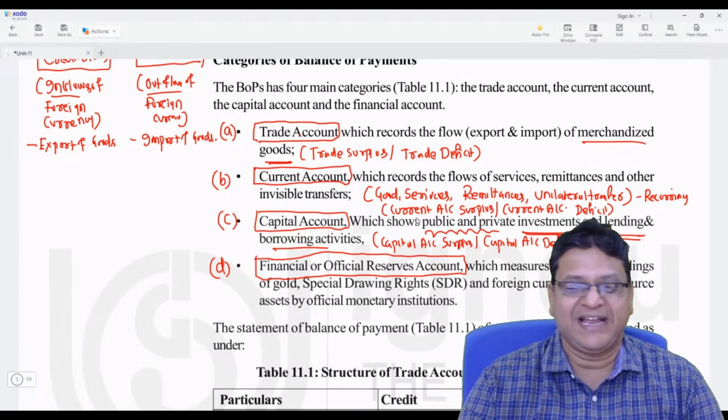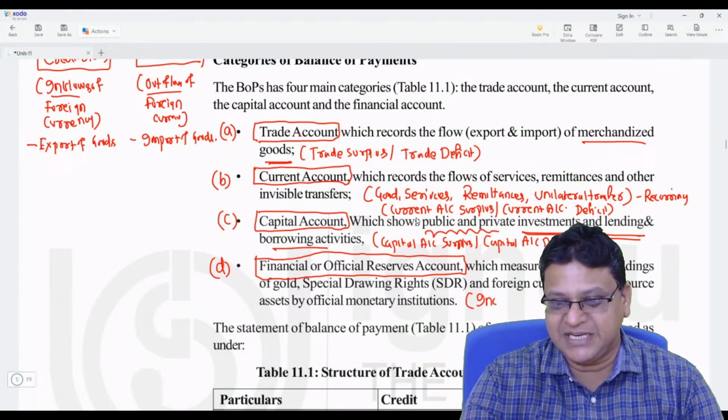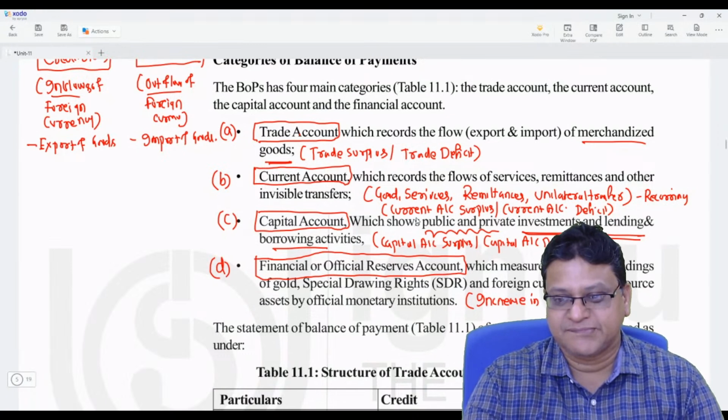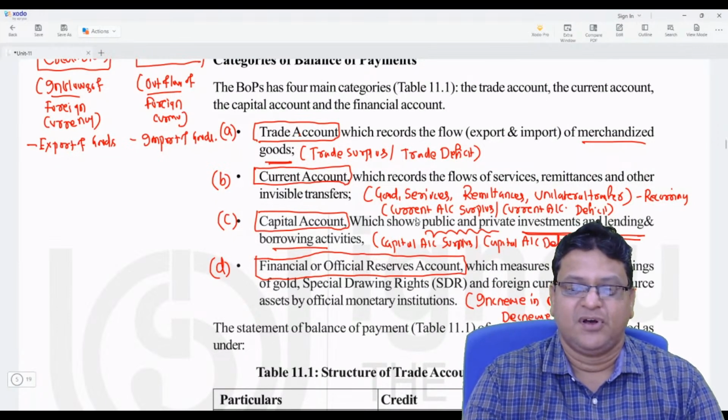So in financial or official reserve, there can be two things: increase in official reserve or decrease in official reserve.